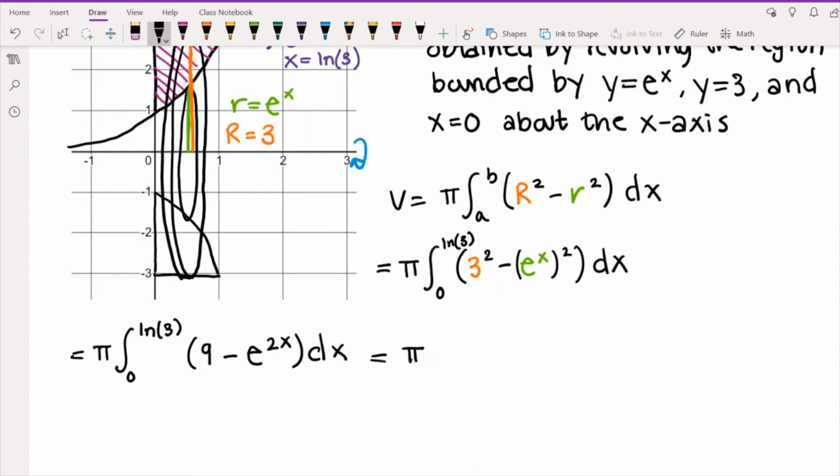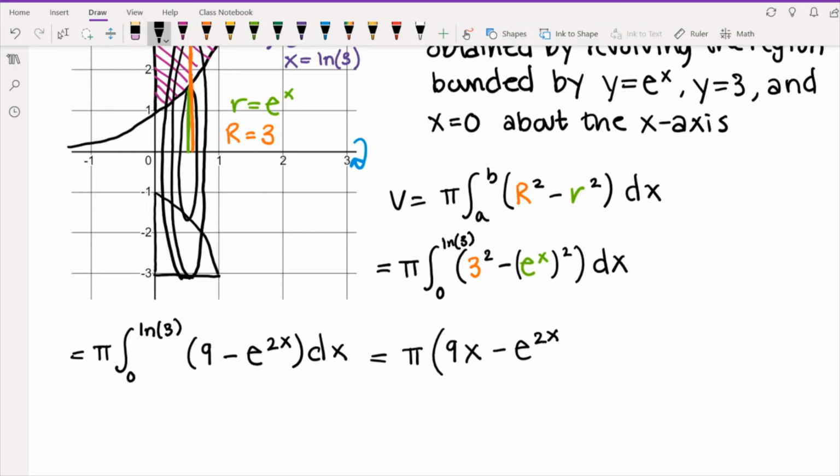So what would we want to do in this case? Or sorry, let me start taking the antiderivative. Well, the first part of the antiderivative is just 9x, right? So what would be the antiderivative of negative e to the 2x? Well, if you were to guess negative e to the 2x, the problem would be that when you take the derivative of that, you would introduce an extra factor of 2, right?